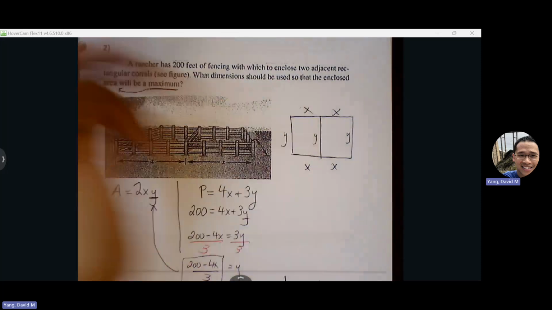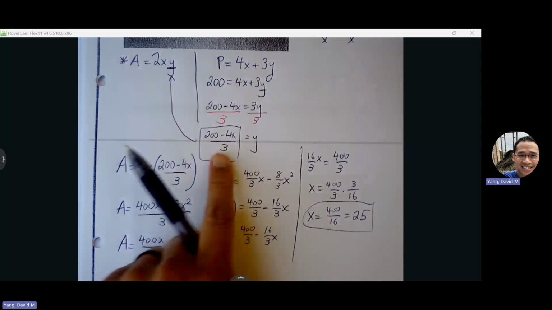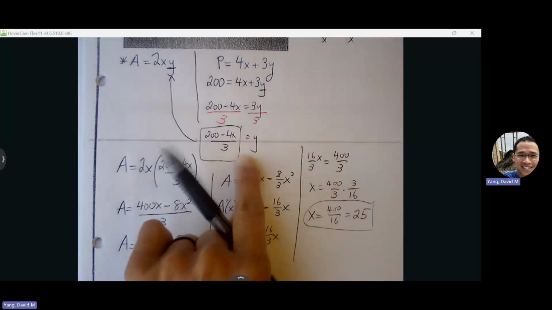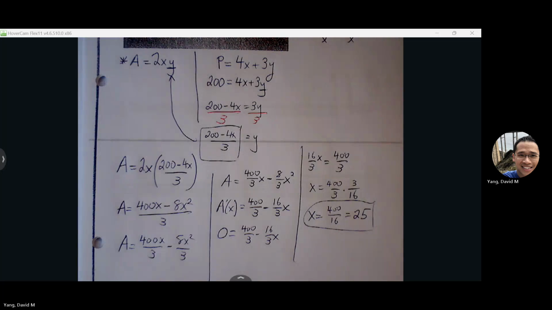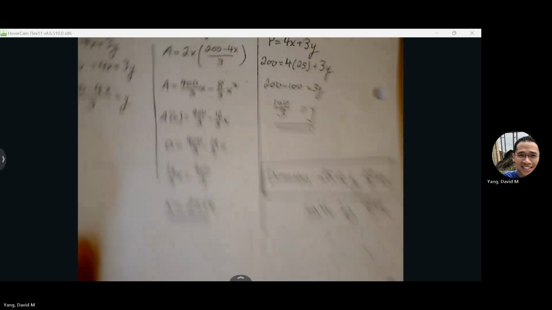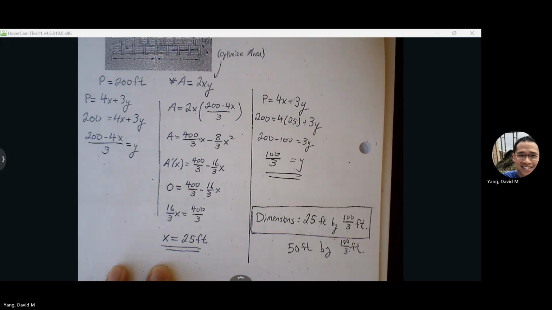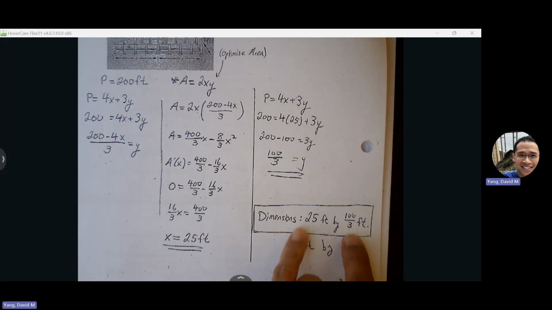So I have x. I just need to figure out what y is. So I have a y equation waiting for me. Let's go ahead and plug that in. So if I solve for y, I get 100 over 3. So you can say 25 by 100 over 3.